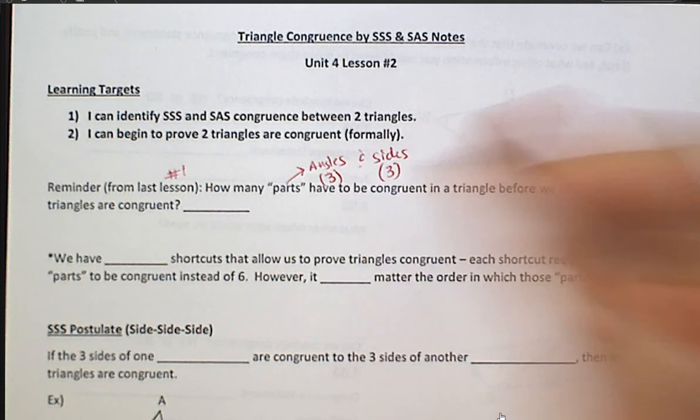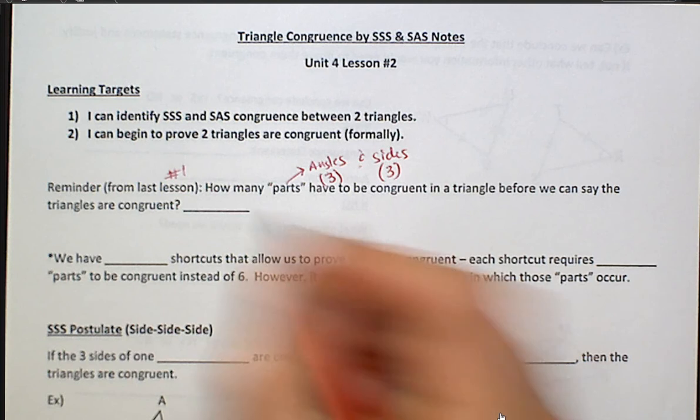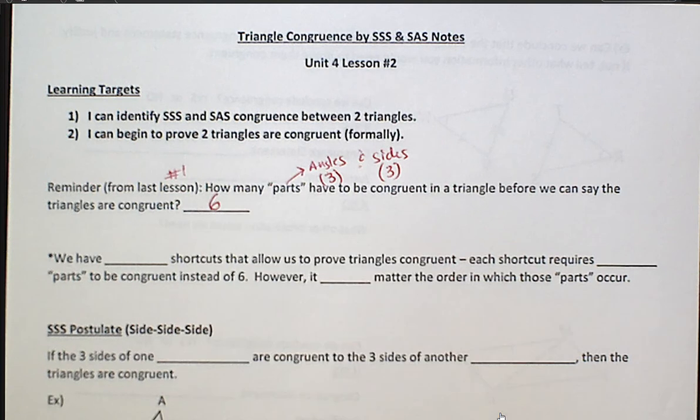So if you take those threes, that adds up to 6. Now that's a lot, and we did a proof on your notes from lesson 1, which had 6 steps, and then we were done. Today, we're going to introduce shortcuts.